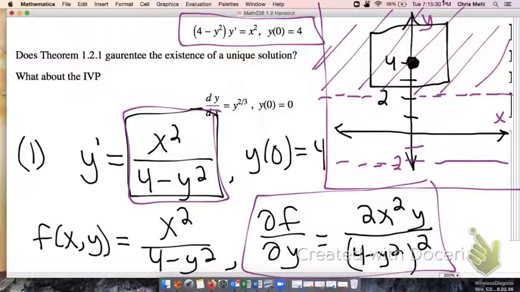Okay, so the answer there, long-winded answer, is yes for the first differential equation. Theorem 1.2.1 guarantees the existence of a unique solution.